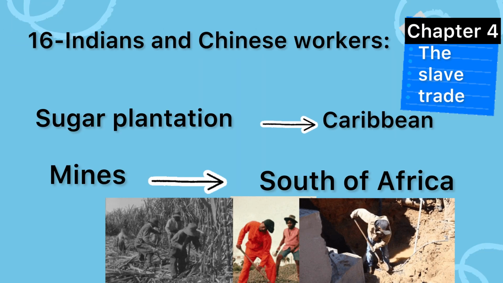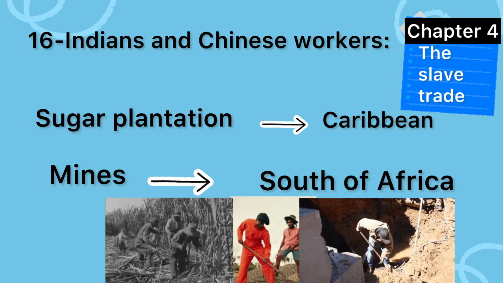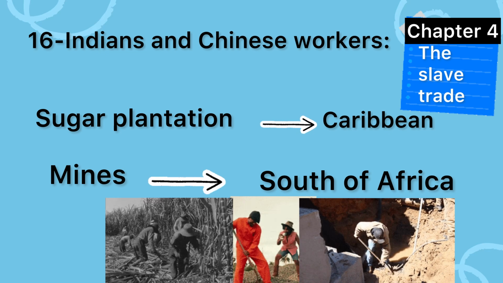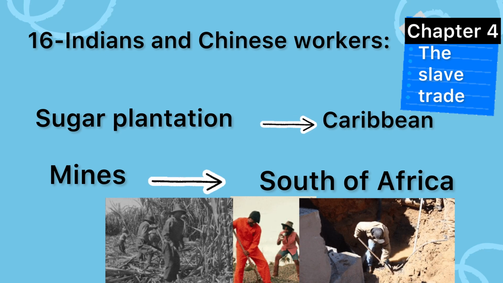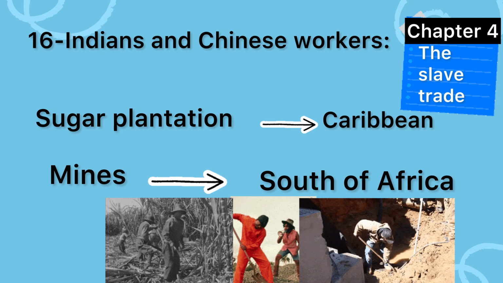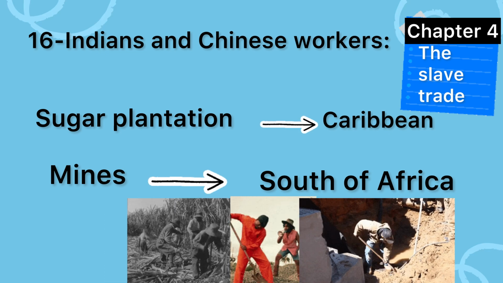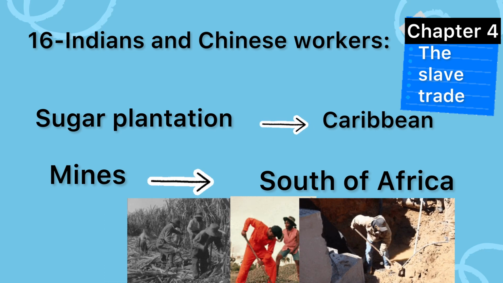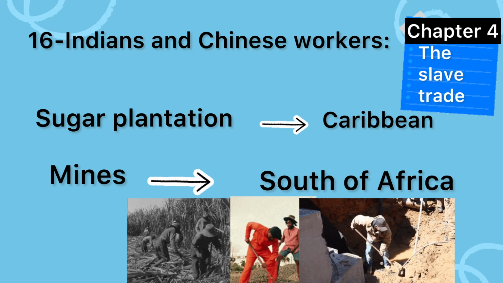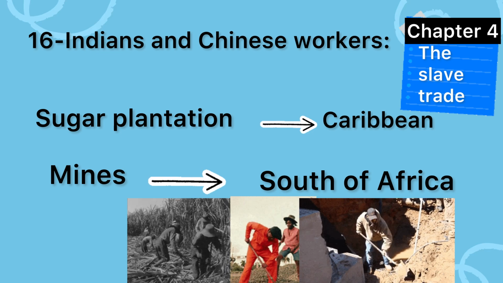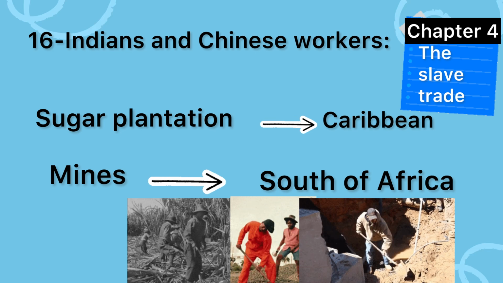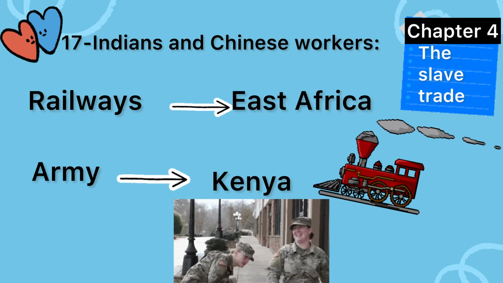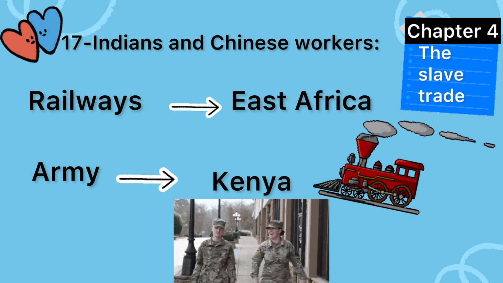Indian and Chinese workers worked in sugar plantations in the Caribbean or mines in South Africa. Indian and Chinese workers worked on railways in East Africa or in the army in Kenya.